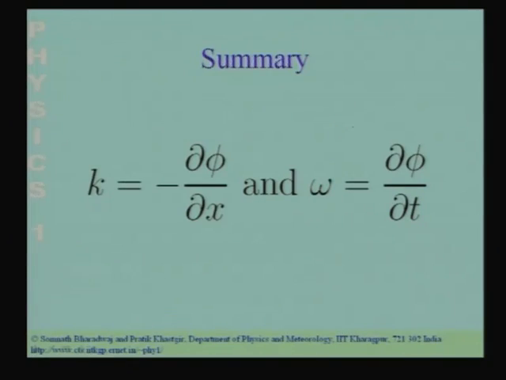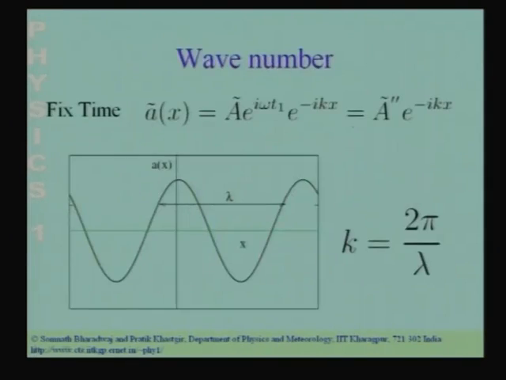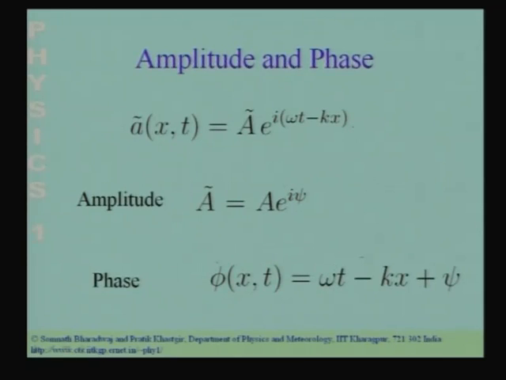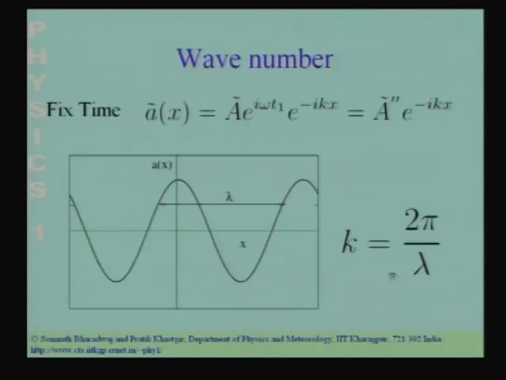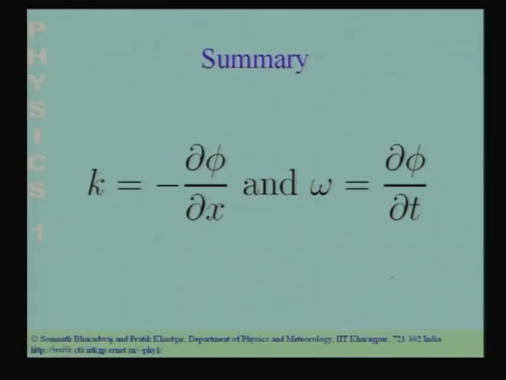It is minus del phi by del x, and you can check for yourself that if you differentiate the expression for the phase with respect to x and put a minus sign, you get the wave number. So, the wave number tells us the rate of change of phase with position, and the angular frequency, with the negative sign, tells us the rate of change of phase with time.